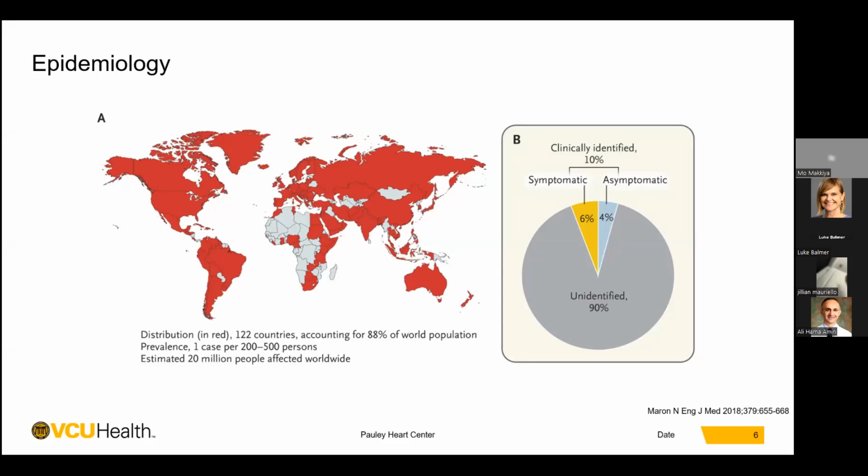Now, with the new modern technology, and as we are investigating and knowing more about the disease and the use of MRI, the prevalence has increased to 1 in 200 cases, making about 20 million people affected worldwide.